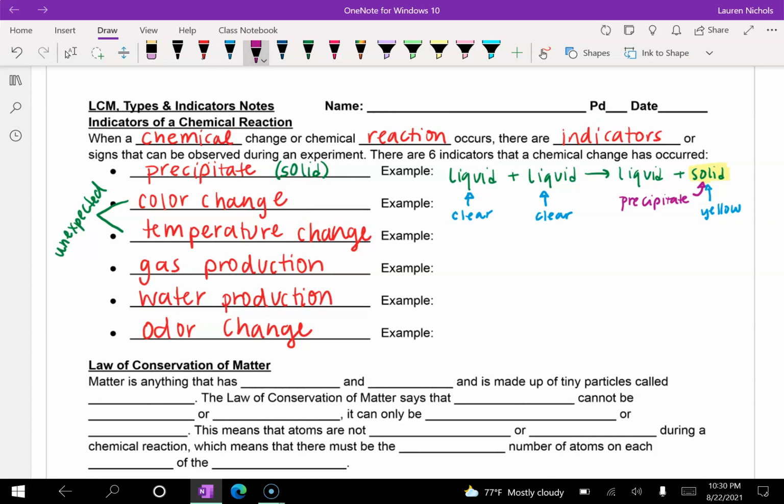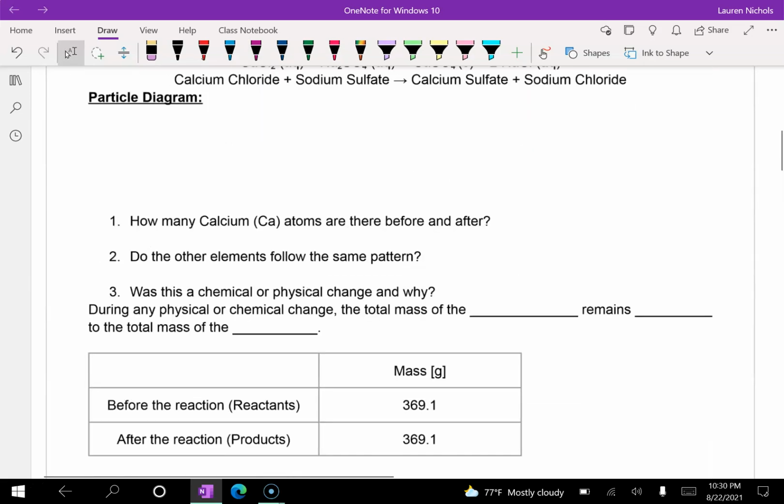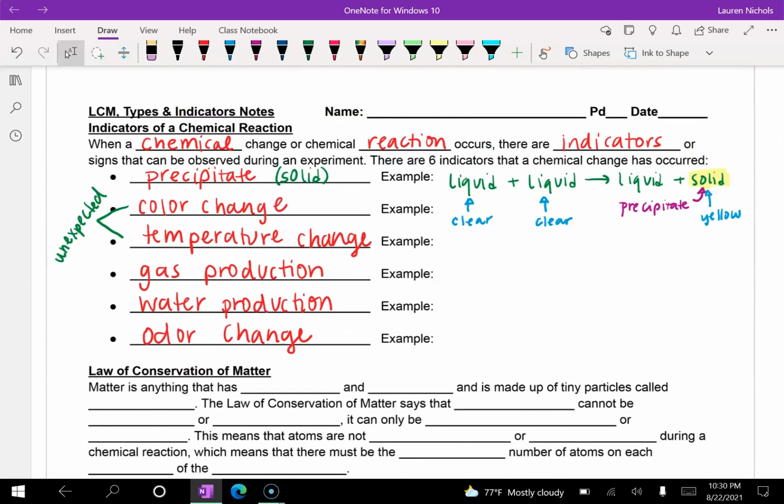Gas production. An example of this is producing any sort of gas. So if we look at, for example, photosynthesis, C6H12O6, which is glucose or sugar, combines with oxygen, and when it does, it produces carbon dioxide gas and water. Now here's the thing.